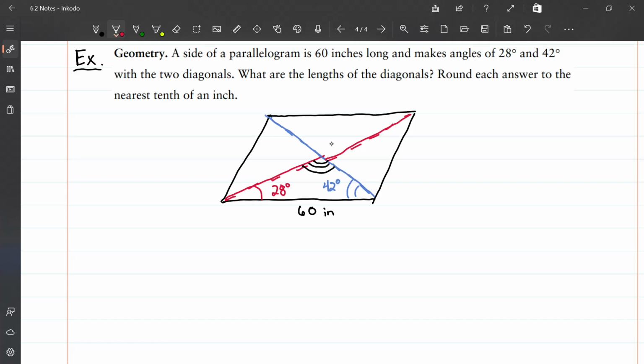If I call that angle, let's say C, just to keep things easy, then C should be equal to, well, it looks like, once again, 180 minus the two angles that I know, which are 28 degrees and 42 degrees. And if I'm not much mistaken, that difference is going to be 110 degrees.